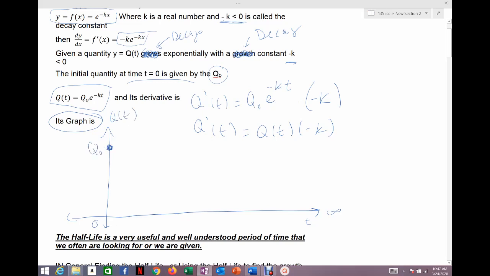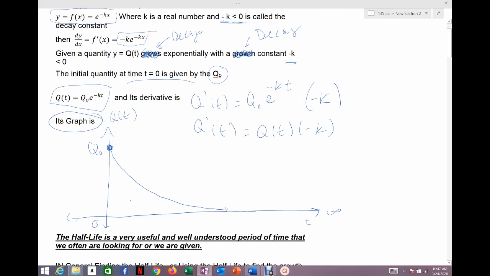We start with some 100 milligrams of something that's decaying exponentially, and then it's going to come down, and remember, it's going to approach my axes, but not cross my axes. Eventually it's going to be so small we would consider it 0, even though technically it never actually hits 0.